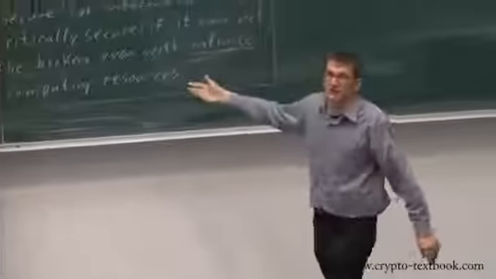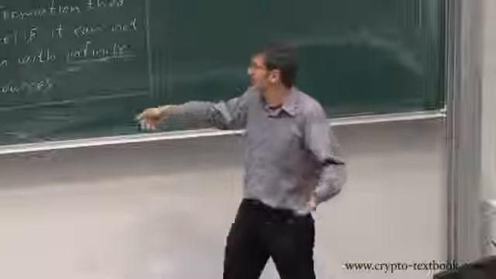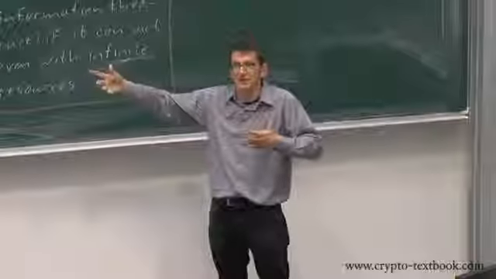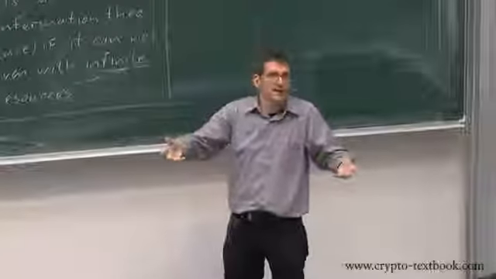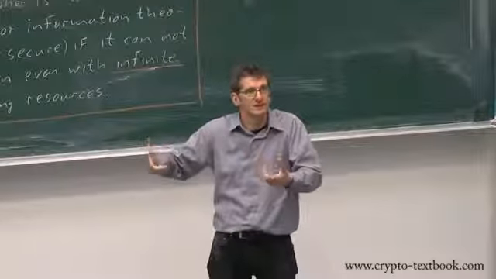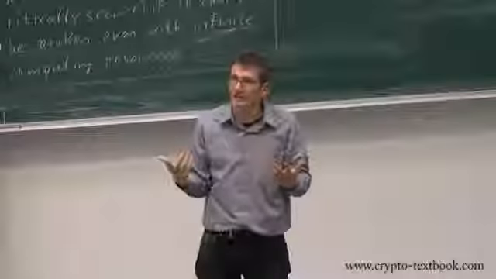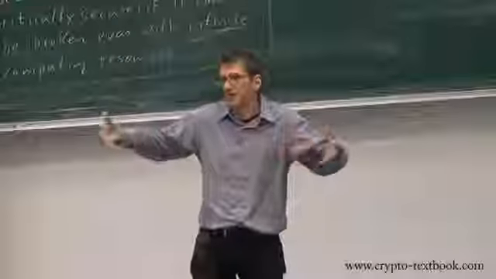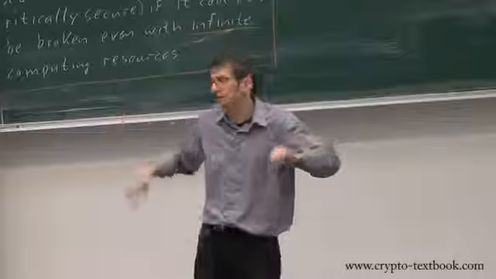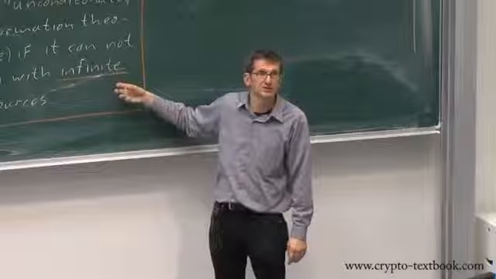Well, according to this definition, is it secure? No, because infinite means infinite, without end. So I can assume, okay, now I have 2 to the 1,000 computers. Each computer tests one key, and within one time step, within 1 second or so, I have the key. I know I cannot realize it because I cannot build 2 to the 1,000 computers, but still, it's not secure according to this definition, okay?